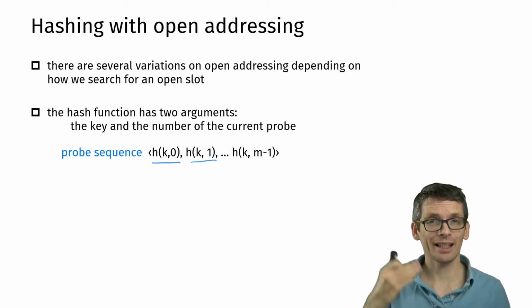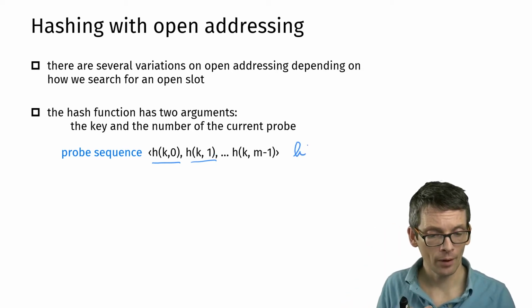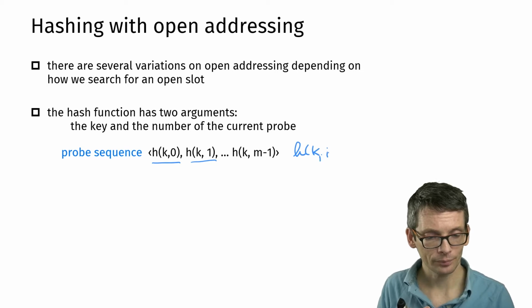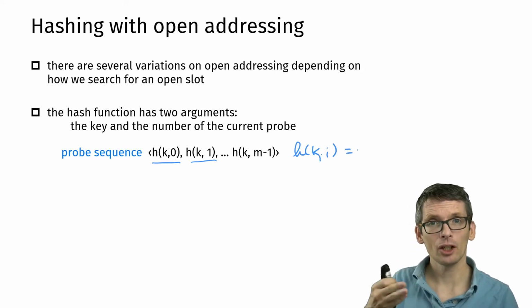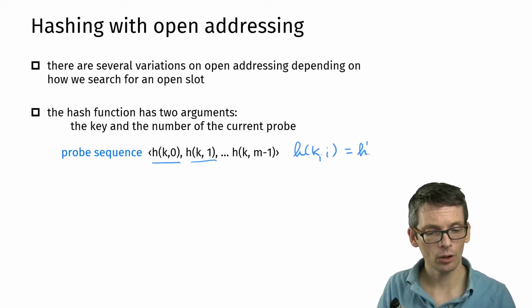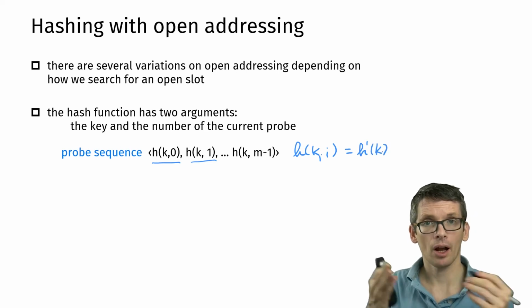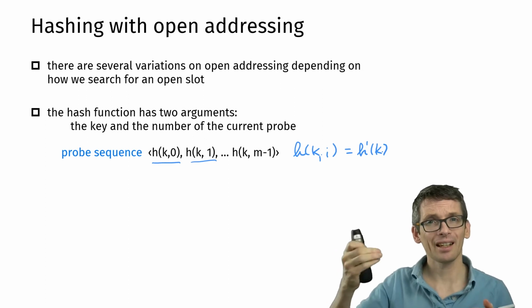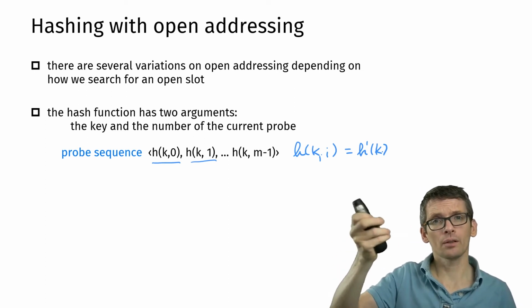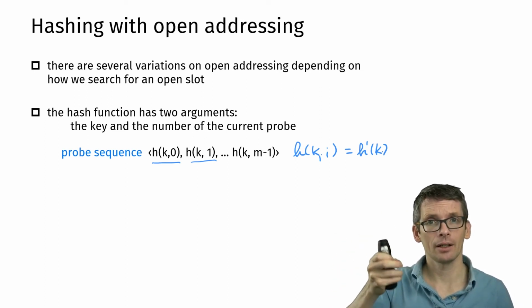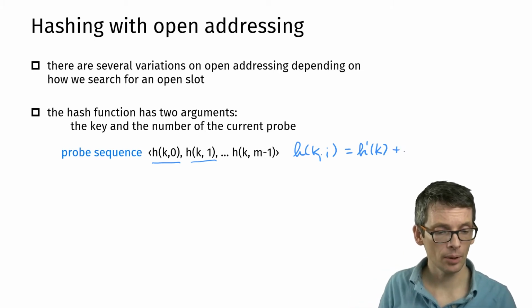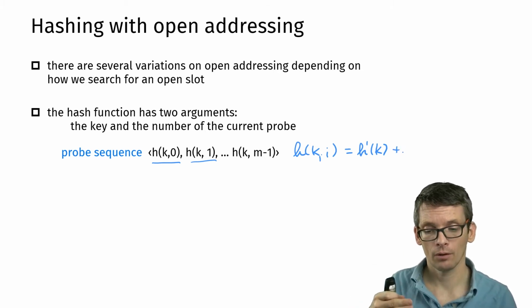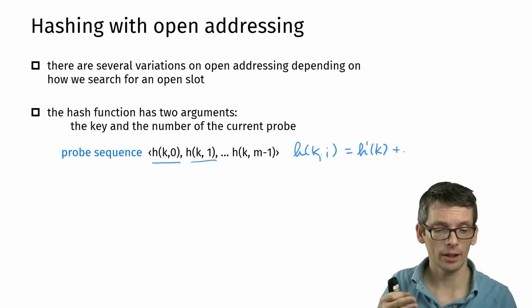If you think of the example that we previously saw, there, for h(k,0), we were simply trying some hash function. It was k mod 7. But then if that one was taken, we would try the next cell. Next cell being here plus 1 for i is 1, plus 2 for i is 2.